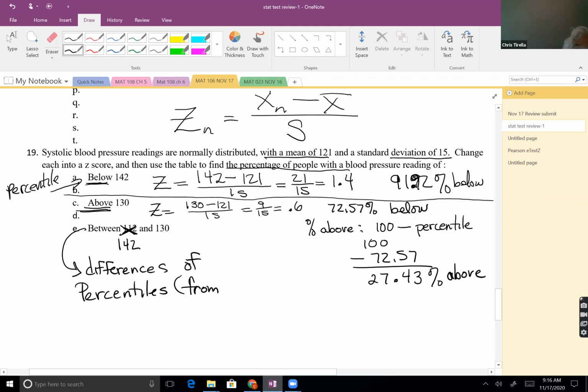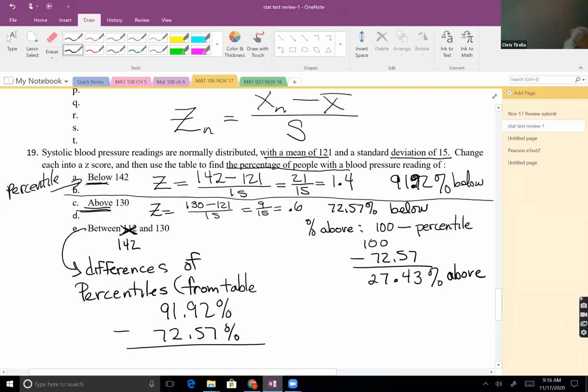So the percent between is the difference of the percentiles, the numbers from the table. And so for 142, we had 91.92%. For 130, we had 72.57%.